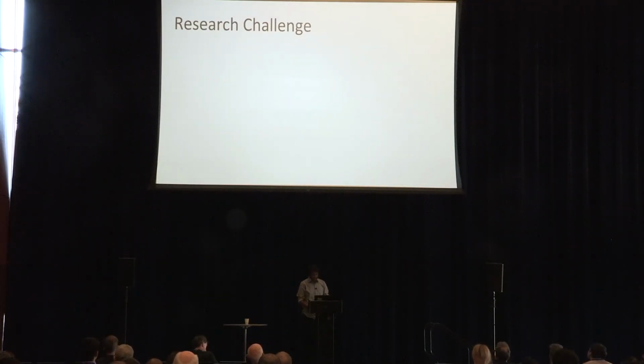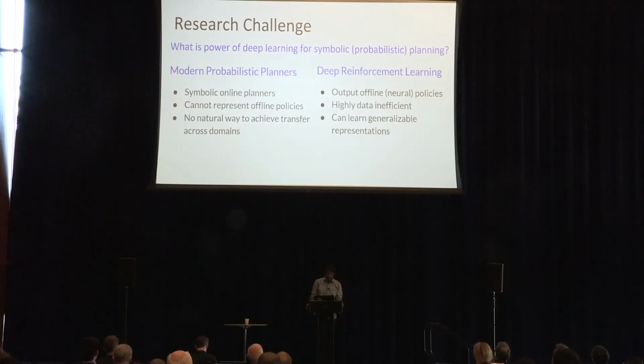So the research challenge: we asked the question, what is the power of deep learning in symbolic domains? There is a difference between modern probabilistic planners and deep reinforcement learning planners. Modern probabilistic planners, like PROST, look ahead into the states, expand the states, and plan at every step.